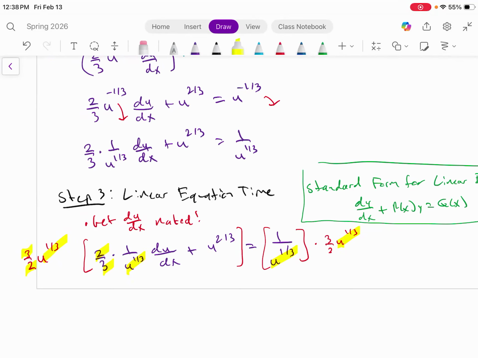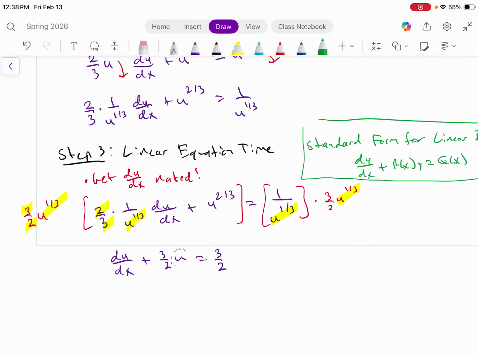Okay, so that's getting the derivative naked. And so what we are left with is du over dx plus 3/2 u to the 2/3 times u to the 1/3, which just ends up being u, and then 3/2 on the right-hand side.